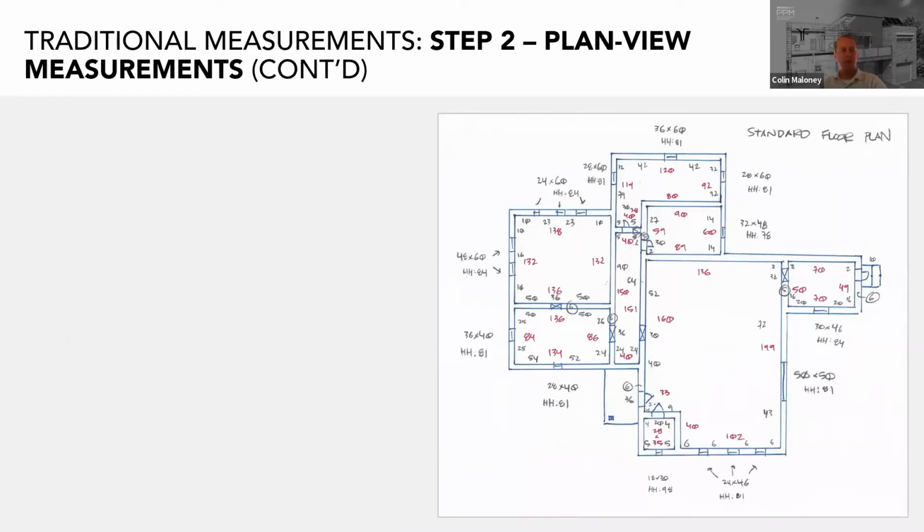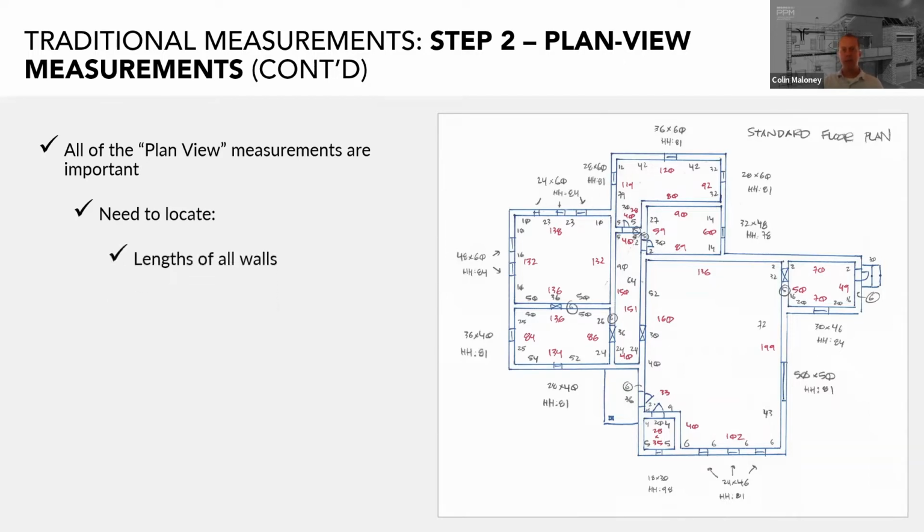Okay, so plan view measurements continued. In this sketch, you'll notice there are some overall measurements as well as small incremental measurements. This is a good system of checks and balances that will not only improve your overall accuracy, it may save you in the event that you have an incorrect measurement or notation. Don't forget to get good photo coverage as well.